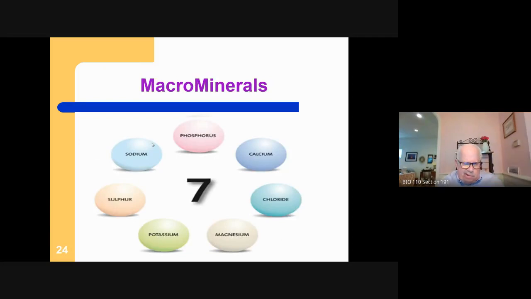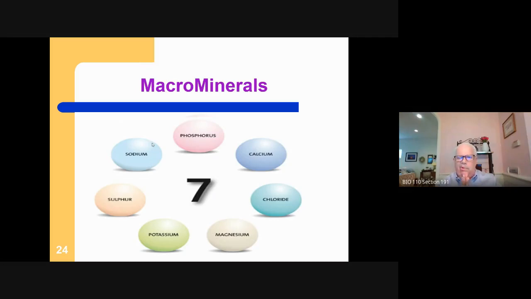Those are the vitamins. Let's talk about the minerals. The minerals are divided into macro and minimal. The big minerals, the 7 that are here, are the ones that are very, very important.